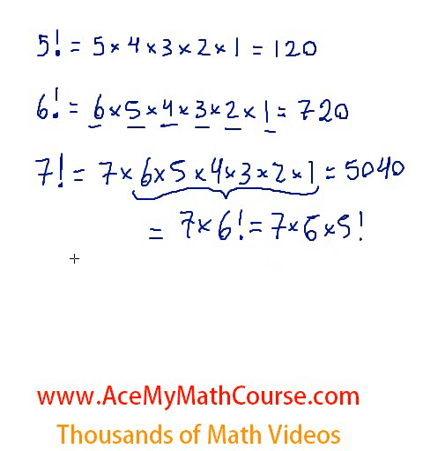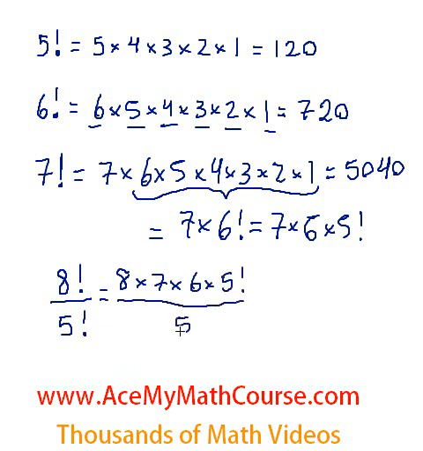So if we were to have something like, let's say we needed to simplify 8 factorial over 5 factorial. Wow, this looks like it's going to be massive, right? We're going to have to work out many things here. Not exactly. We can just take the 8 factorial and make it 8 times 7 times 6 times 5 factorial all over 5 factorial.